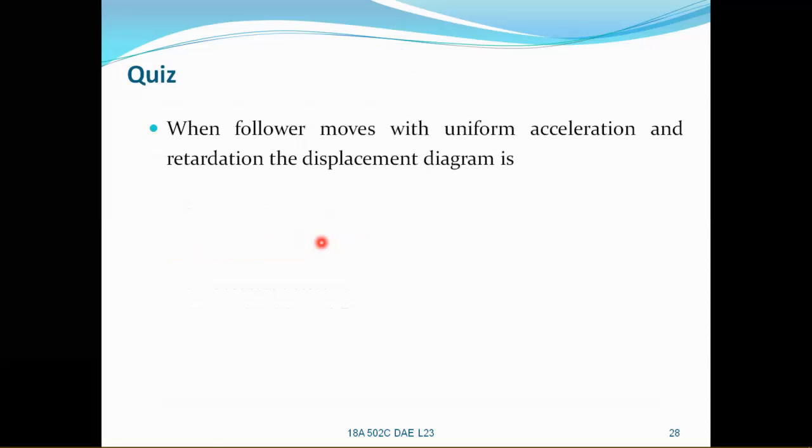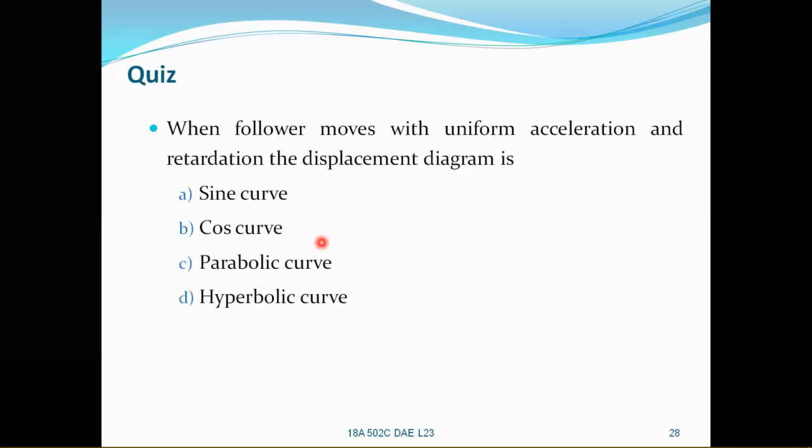When the follower moves with uniform acceleration and retardation, the displacement diagram is: A, sine curve; B, cos curve; C, parabolic curve; D, hyperbolic curve. Which is the right answer? Just now we have completed this.